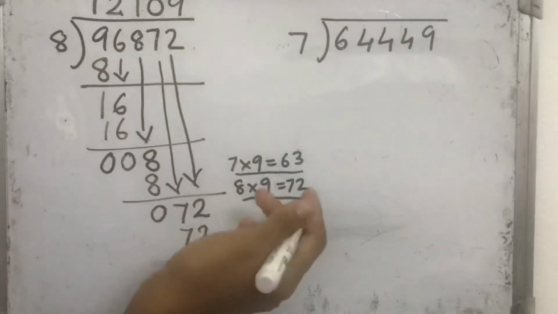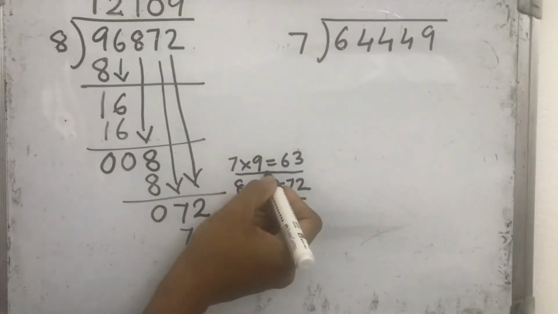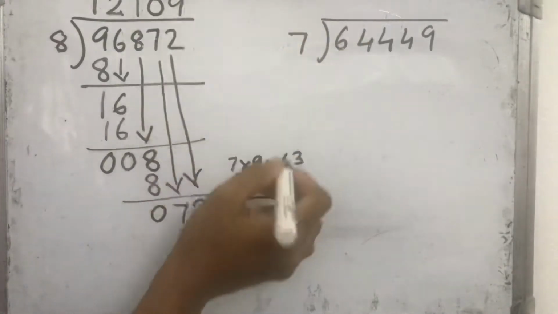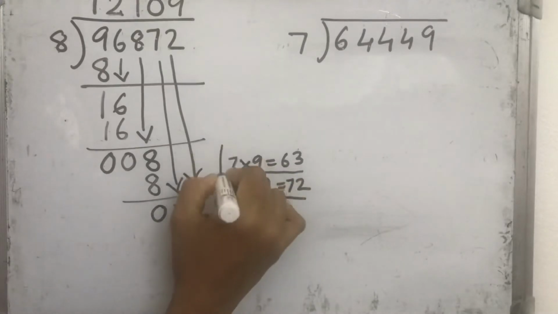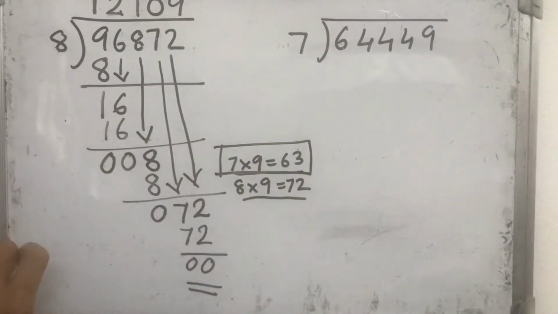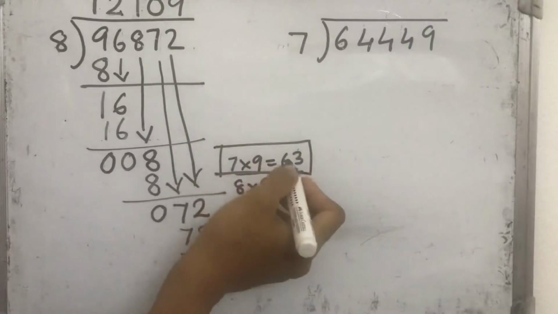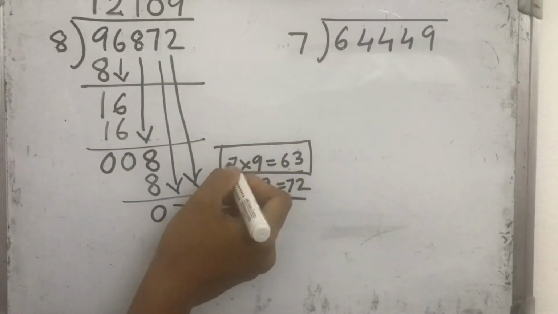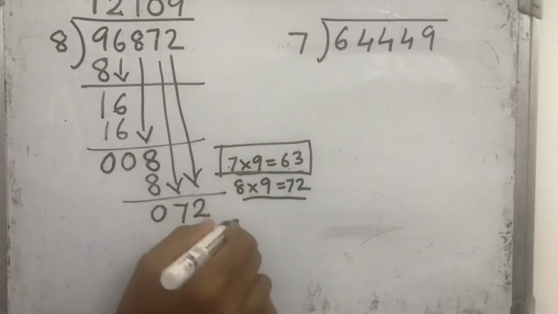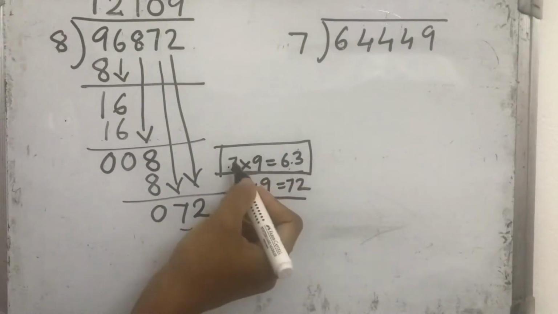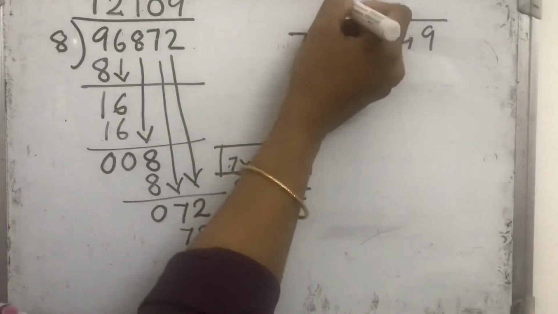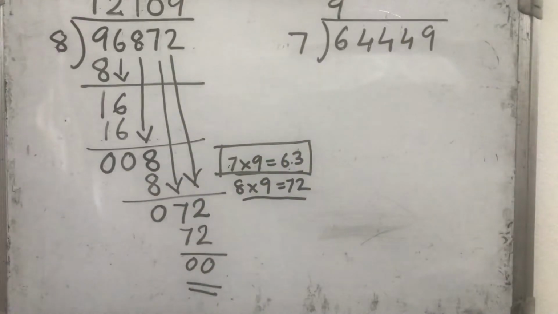So we take the multiplication fact just before 64, that is 9 into 7, 63. In 63, how many 7s are there? 9 7s. That means 63 divided by 7 equals 9, which we write on the quotient part.